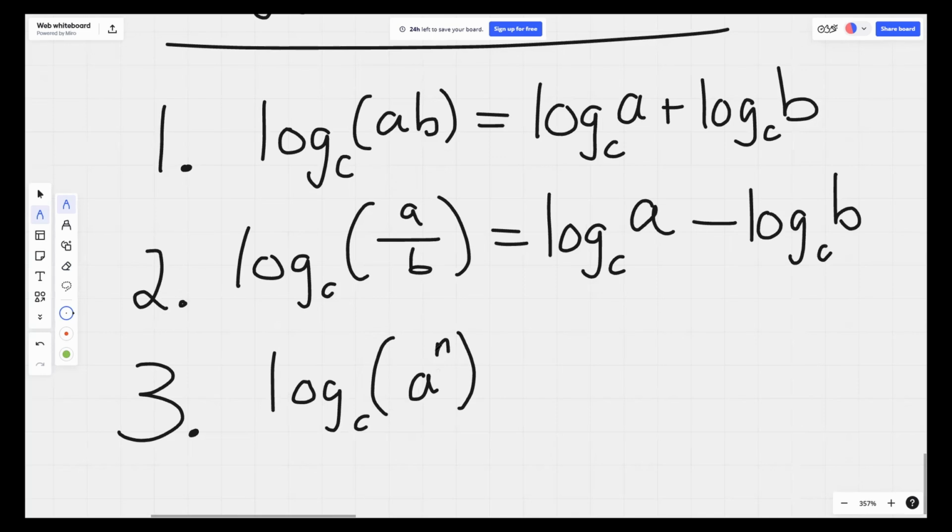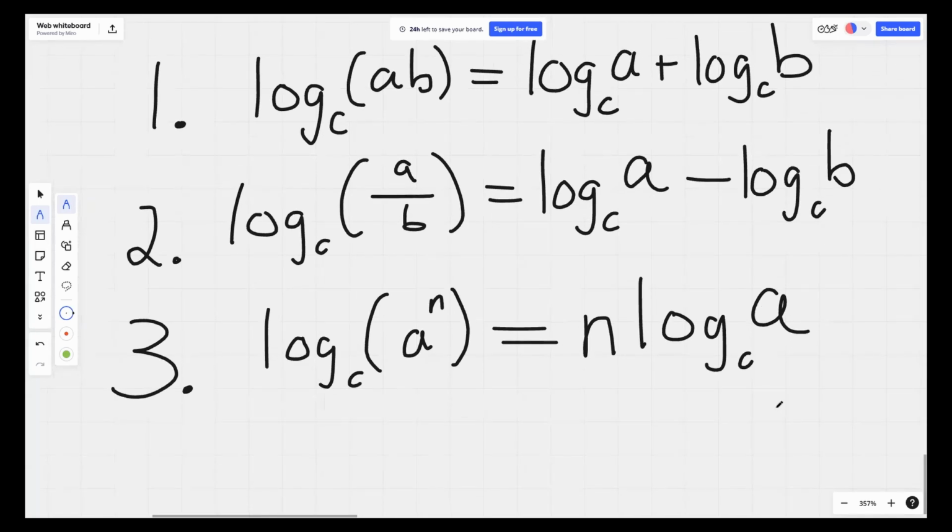And this is my favorite one, because this becomes n times log base c of a. Basically, you can move the exponent out and it comes to the front. Isn't that kind of cool?